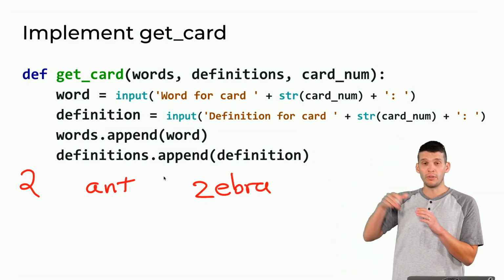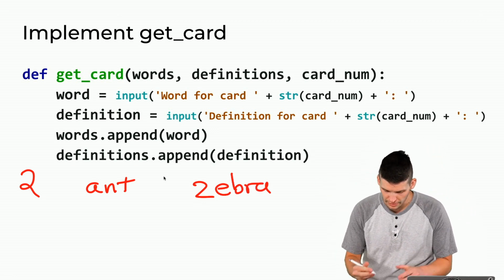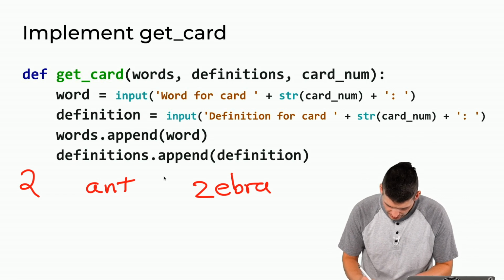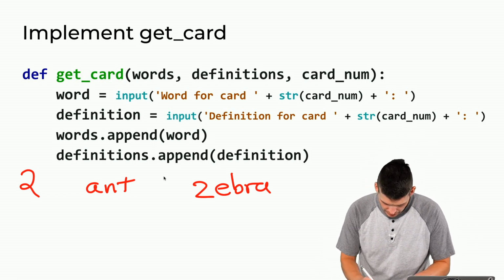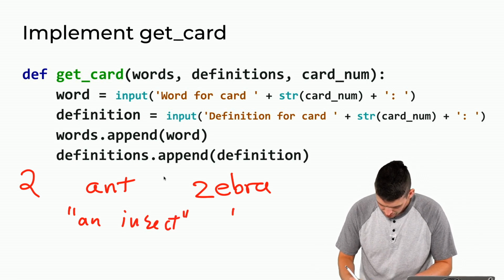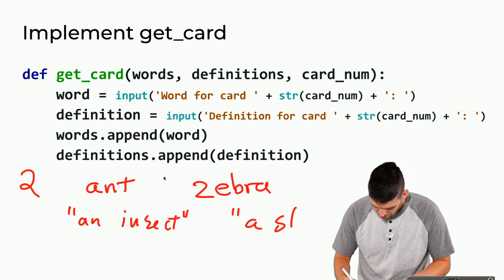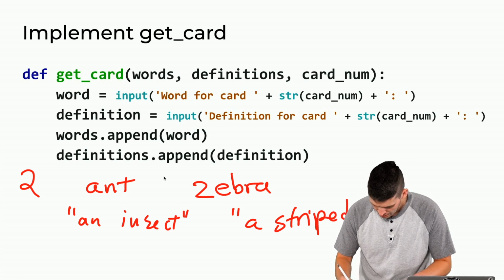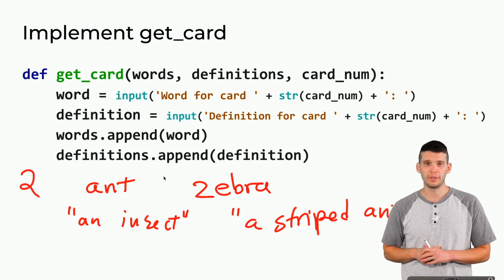If we have those as the 2 input words, the definition of ant is like an insect, and then zebra is a striped animal. Not very specific definitions, but just for the purposes of example.